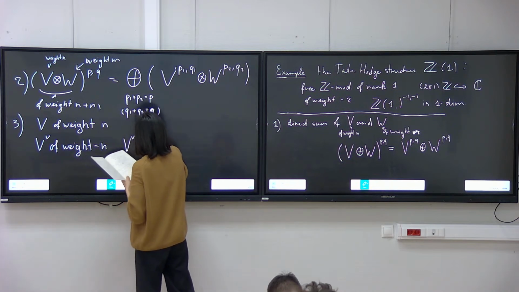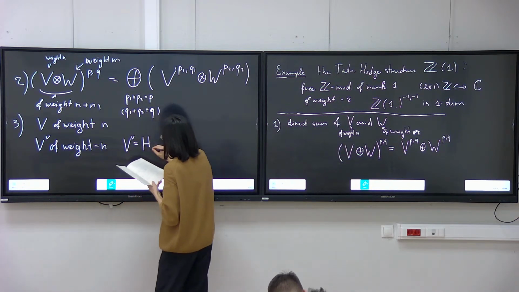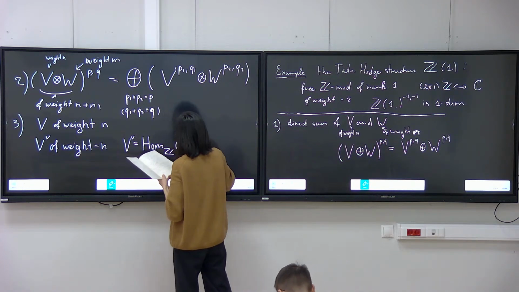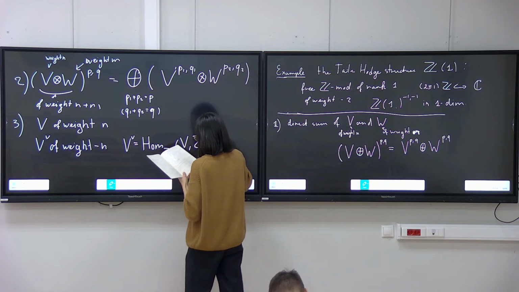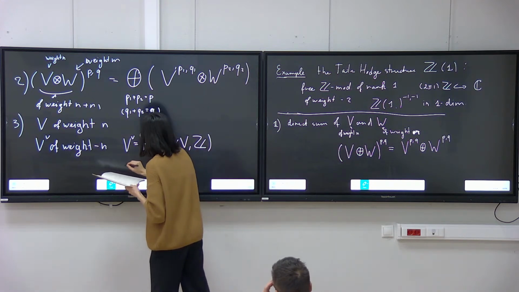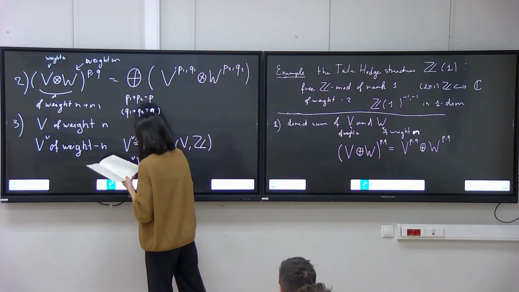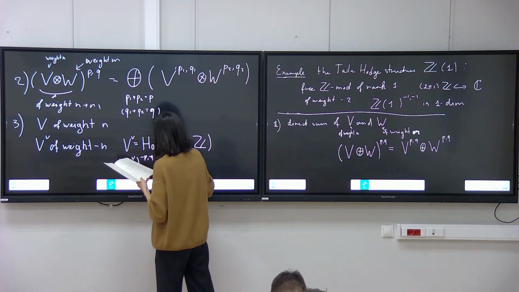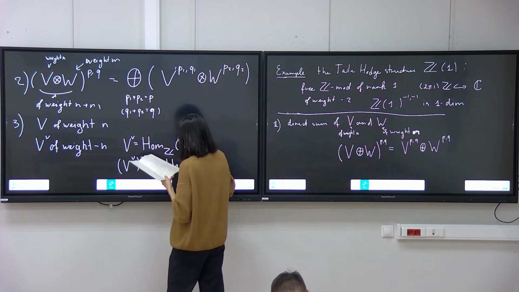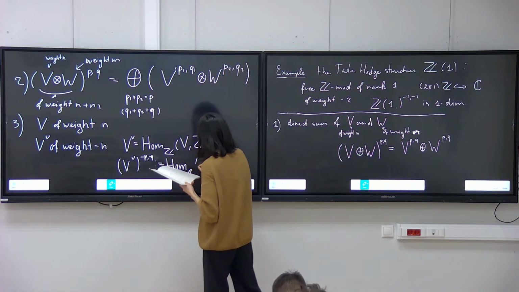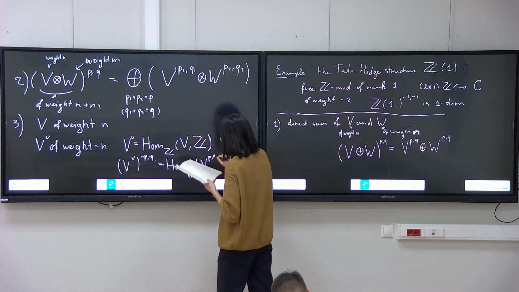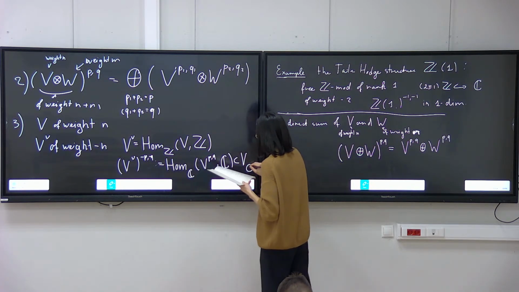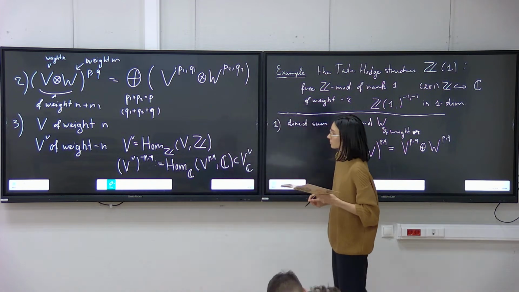By definition, as a Z-module, it is Hom from V to Z, and the (-p,-q) part is just Hom over C from V^{p,q} to C. So this is something inside the dual space.